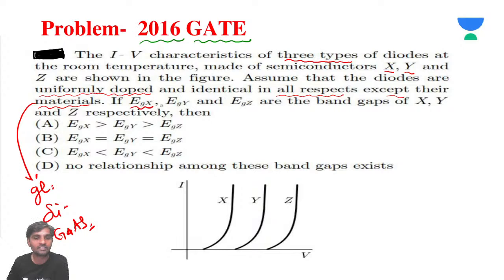If EGX, EGY, EGZ are the band gaps of X, Y, and Z respectively, then which one of the following is correct? EGX is greater than EGY is greater than EGZ, or EGX is equal to EGY is equal to EGZ, or EGX is less than EGY is less than EGZ.